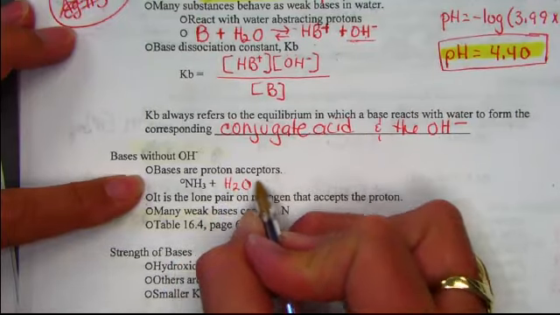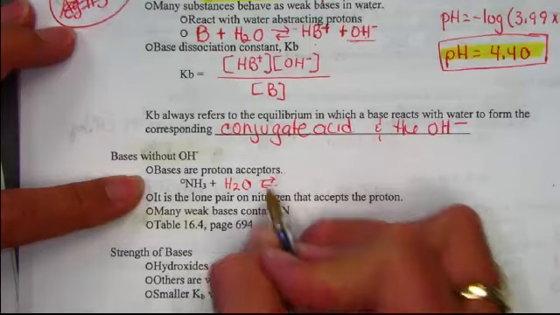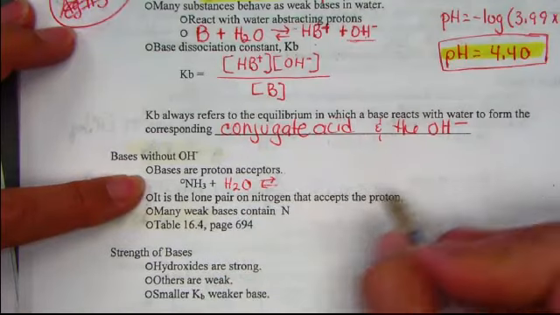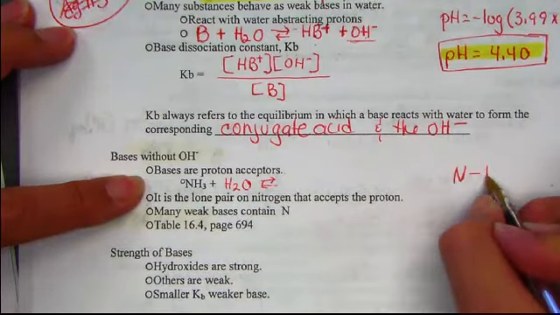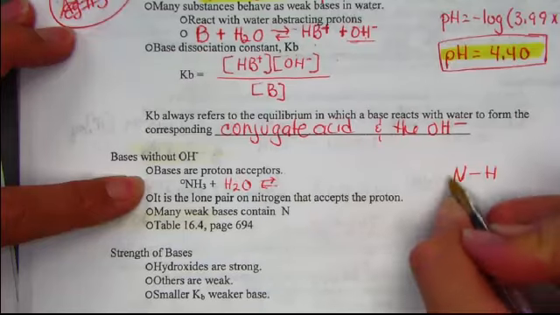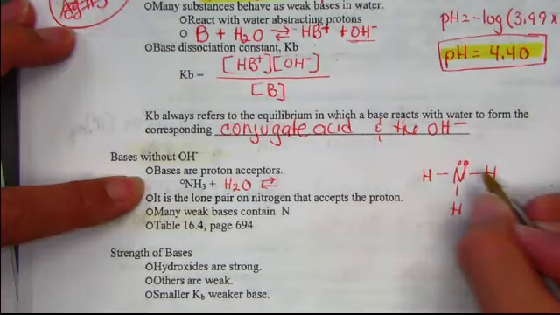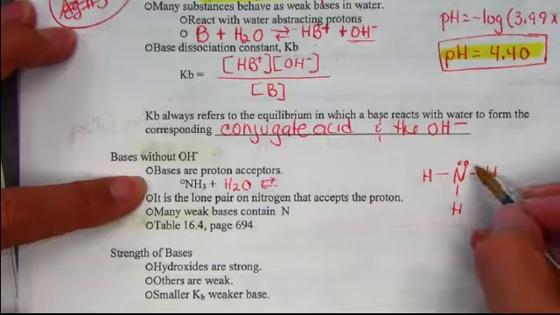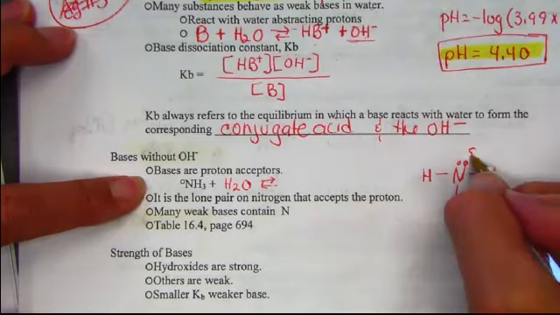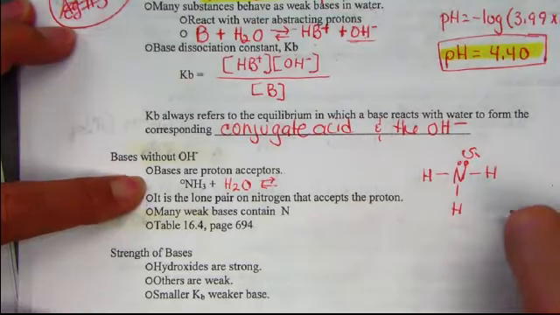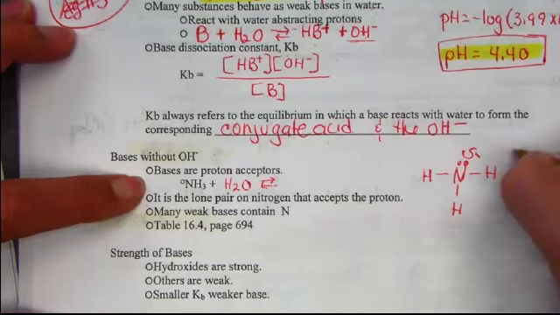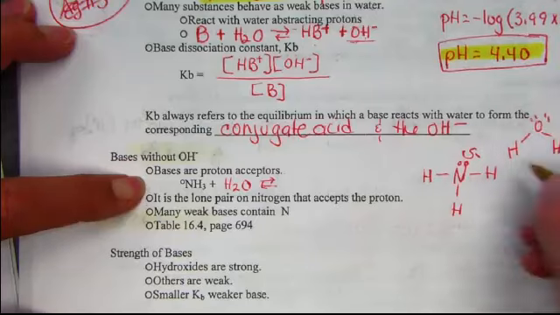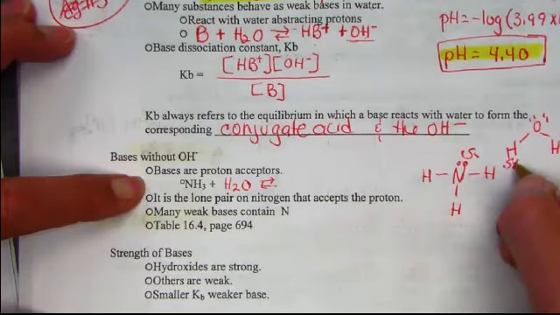When ammonia, NH3, is placed into water, it abstracts a proton from water. Think about the Lewis structure of ammonia, with that lone pair of electrons on that nitrogen, making this region very electronegative, a very polar molecule. And water, who is also a polar molecule, with a region that is positive.